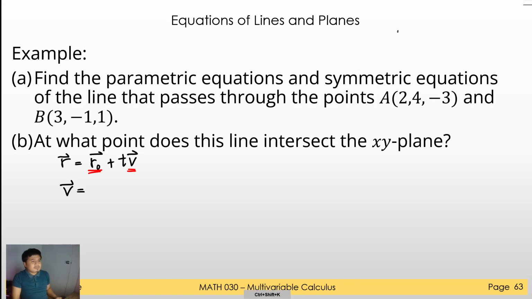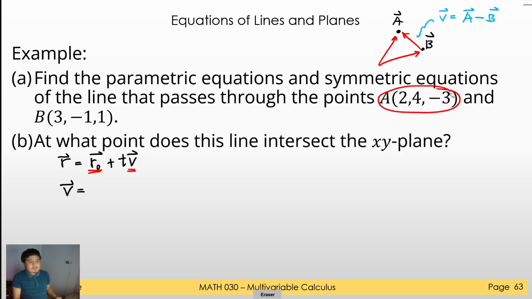We can imagine that this is point A and this is point B. So there is a vector that represents A and a vector that represents B. We can find this vector v as the subtraction of these two vectors. We can subtract A and B to get this vector v.